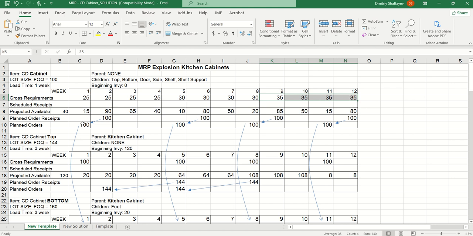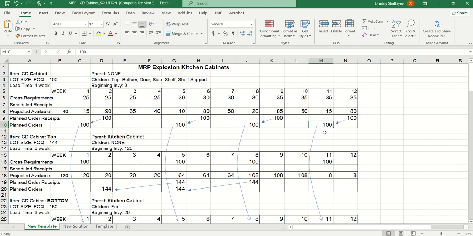And we also found that in order for us to support these sales, we have to start a production of a batch of 100 units, and that's our fixed order quantity for that item. We have to start 100 unit batches in week 1, so in other words, right now, where we stand, in week 1, week 5, 8, and 11.